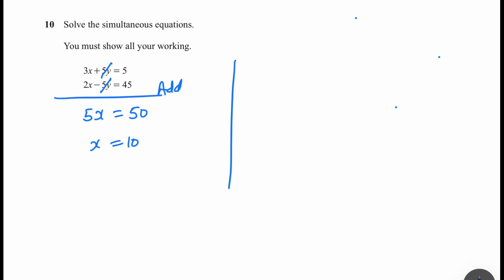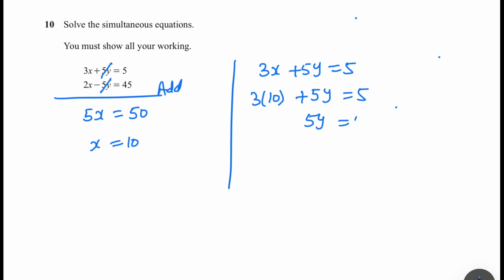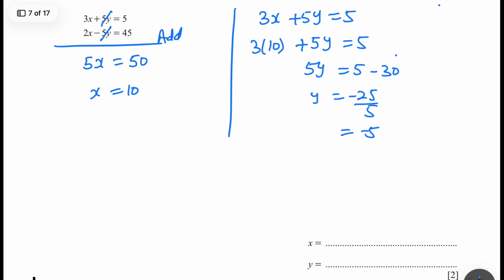We got x as 10, then we can use any of the equations to find the value of y. So x is 10 plus 5y is 5. So 5y is 5 minus 30. This is minus 25 over 5, so minus 5. So we got the values of x as 10 and y as negative 5.